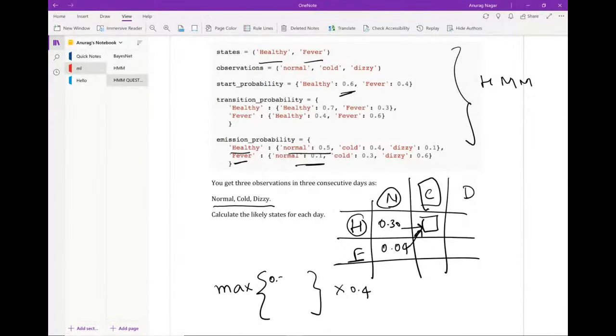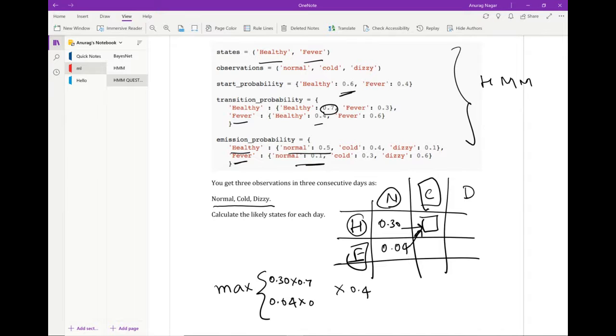So 0.30, which is the top one, H to H jump. H to H is 0.7, so 0.30 times 0.7. And then the second thing is 0.04 multiplied by the F to H jump. F to H is 0.4.